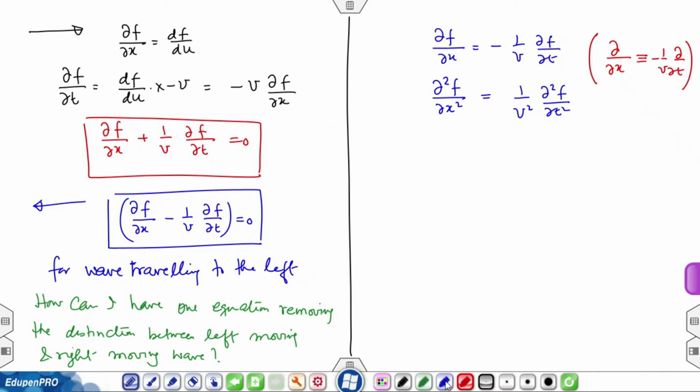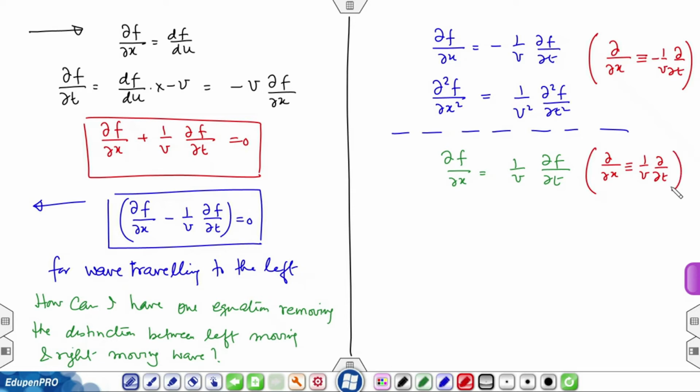Similarly, for the wave which is moving to the left, I will have df/dx equals 1 over v df/dt, and again I will take partial x to be equivalent to 1 over v d/dt. This you can show easily by the same arguments as we did earlier.